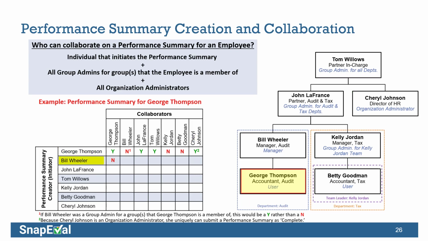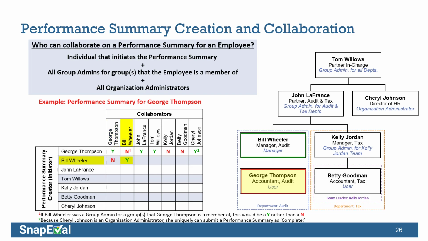Now, if Bill Wheeler initiated a performance appraisal, George Thompson is not allowed to be a participant. And that's good. You'd expect that because, again, perhaps Bill has put some things into the performance summary that he's not ready to share with George yet. So George can't collaborate with Bill Wheeler on a performance appraisal that Bill initiates.